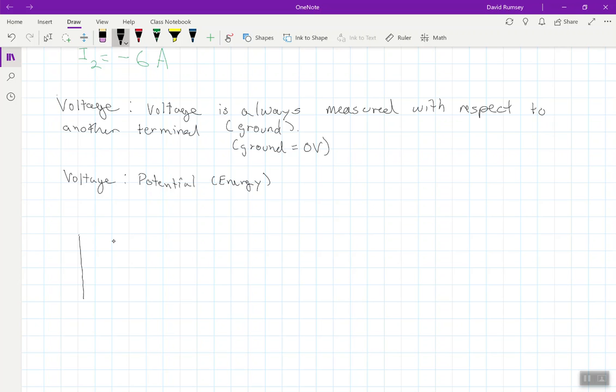I have a water tower here. And out of this water tower, there is a pipe. And this pipe is going to feed our water system here. So this is a pipe here. And of course this is my ground here, the pipe goes underneath ground.